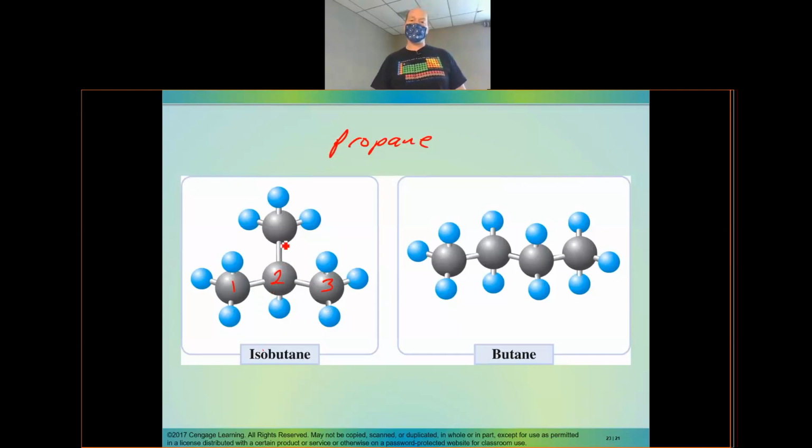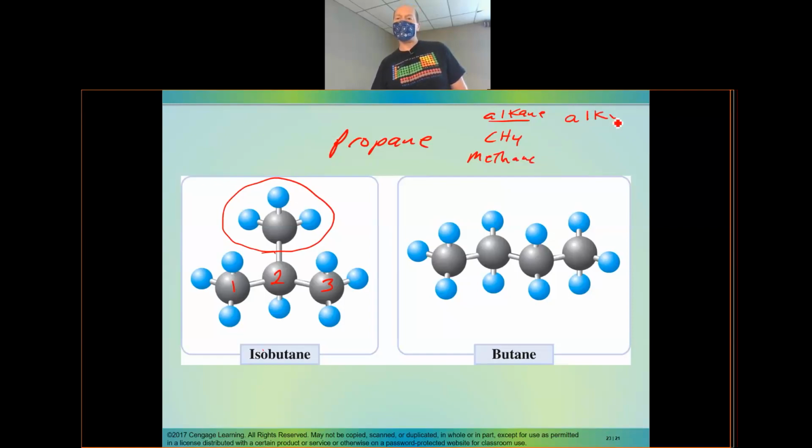But off of carbon number 2, we have this CH3 group. When you have an alkane like CH4, which is methane, if you take off a hydrogen, then it's called an alkyl group. If you take off a hydrogen, now you have CH3.